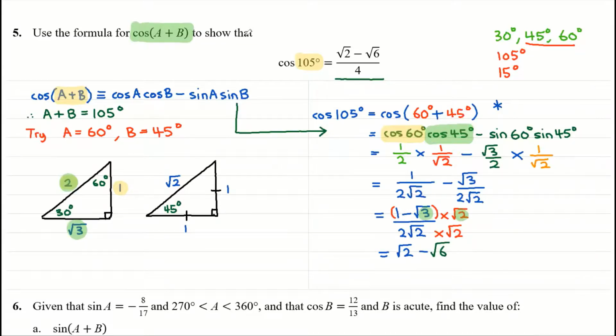We just take the product of the values inside the surds, which is going to give us √4. √4 is, of course, 2. So the denominator is going to be 2 multiplied by 2, which is 4. And there we have it, as required.